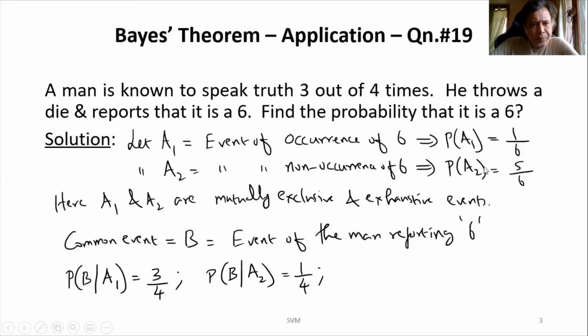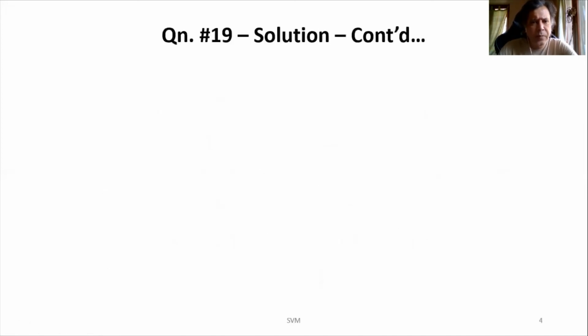Now find the probability that it is a 6, means die throwing has already occurred and the man has reported that as 6, right? So it is a 6 means I'm supposed to find out what is probability of A1 given B. That is what is the question.